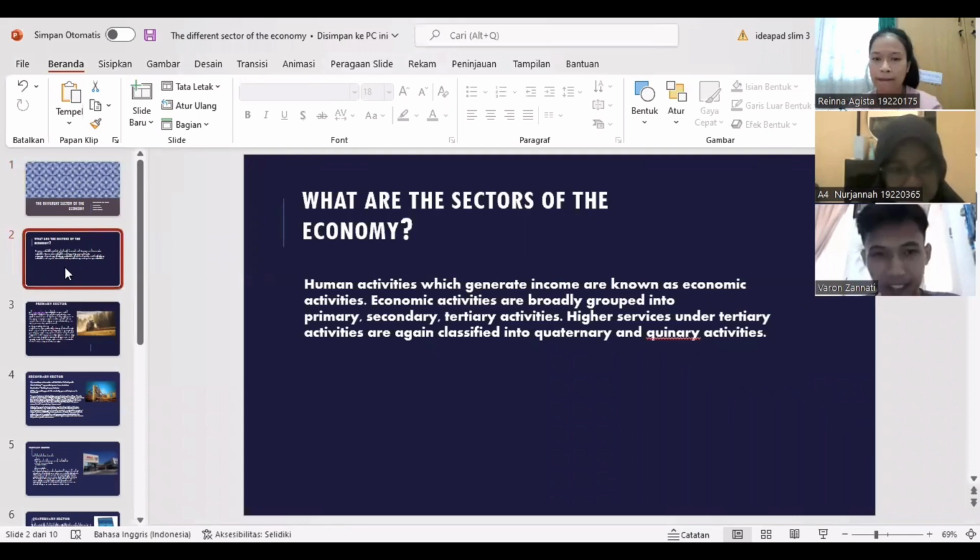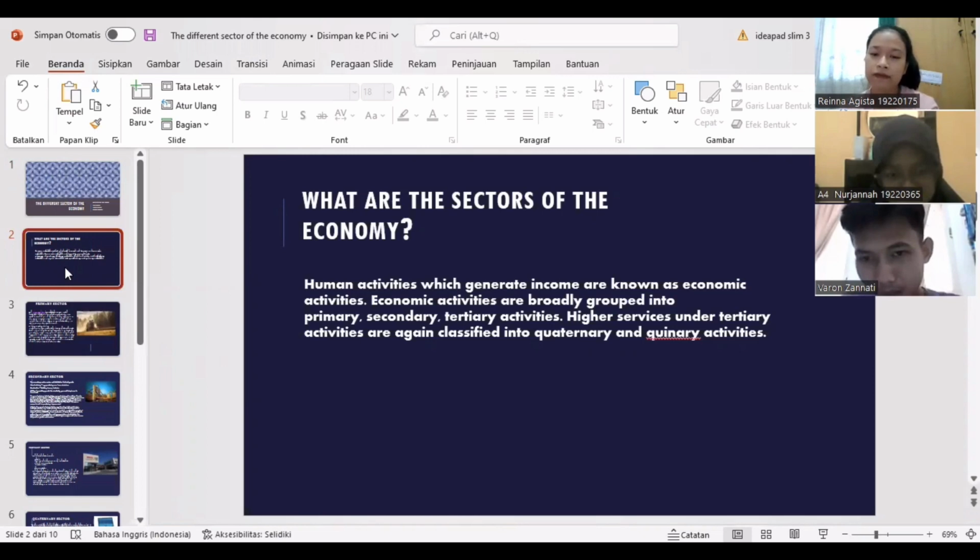What are the sectors of the economy? Human activities which generate income are known as economic activities. Economic activities are broadly grouped into primary, secondary, and tertiary activities.